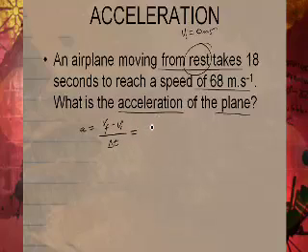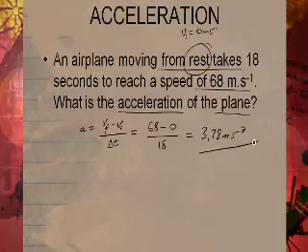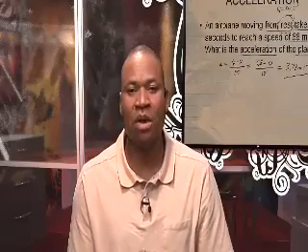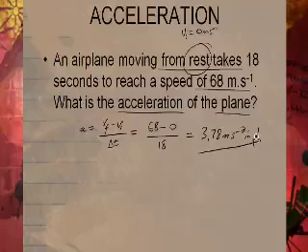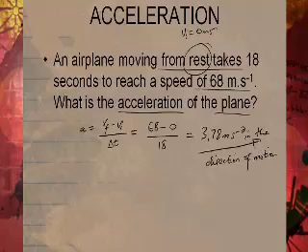It started from 0 to 68 meters per second, so this is 68 minus 0 divided by 18 seconds. 68 divided by 18 gives us 3.78 meters per square second. That is the unit of measurement for acceleration, meters per square second. And of course, because this is a vector quantity, we need to specify the direction: in the direction of motion of the plane.